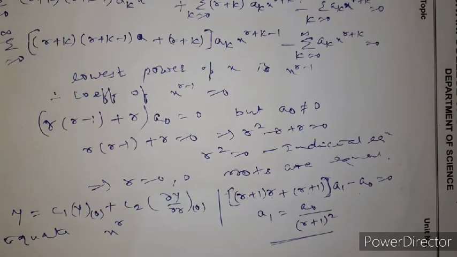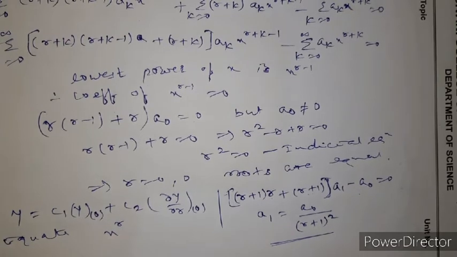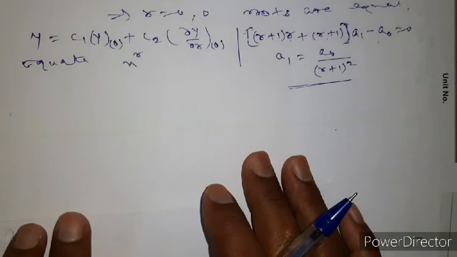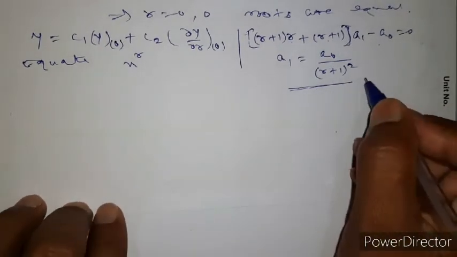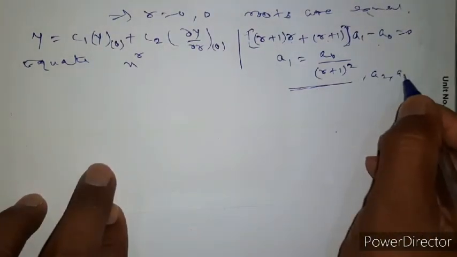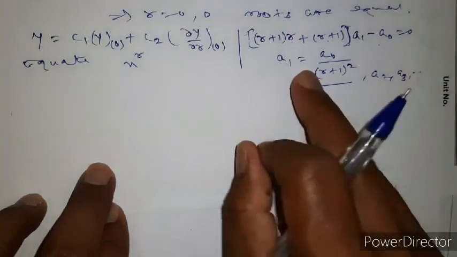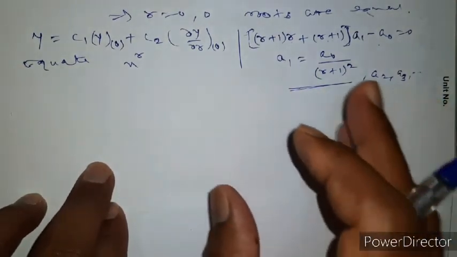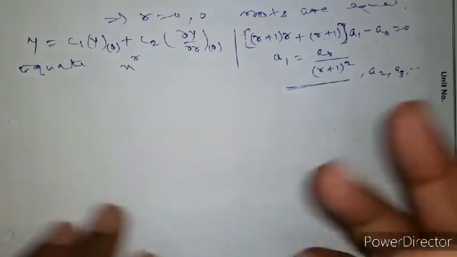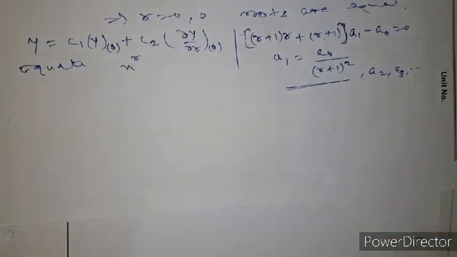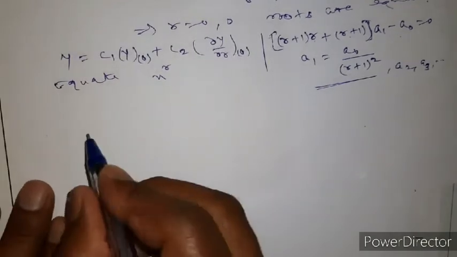Similarly, you can find a2, a3, a4 like that. Right? Now it's my advice, find the remaining values on your own, a2, a3, for practice purpose. If you solve up to a2, then also it is good. And in some examples up to a1 also you will get the answer, no problem. Okay, so write down the y here.